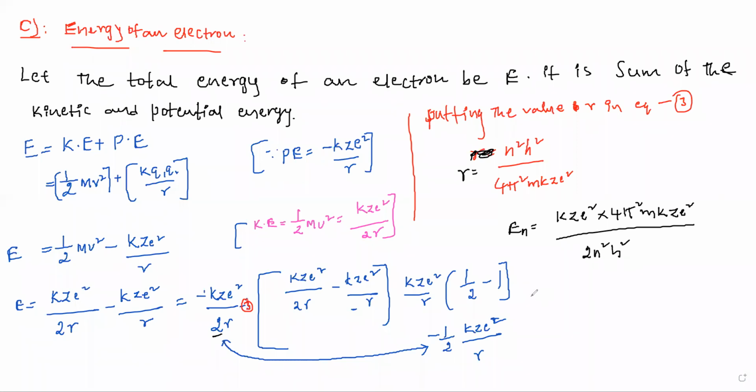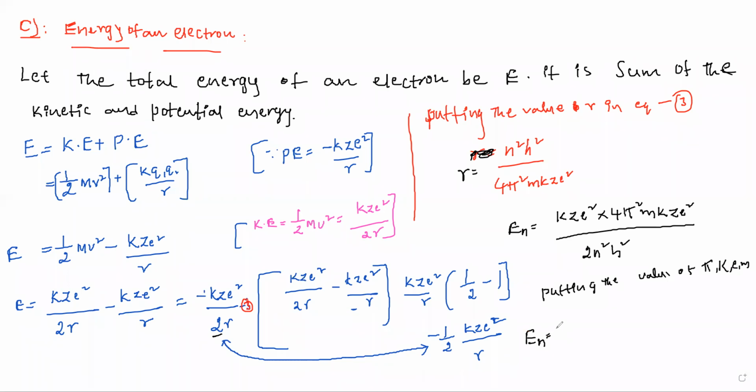Finally, putting the values of pi, K, and the electron mass m, we get the energy of electron.